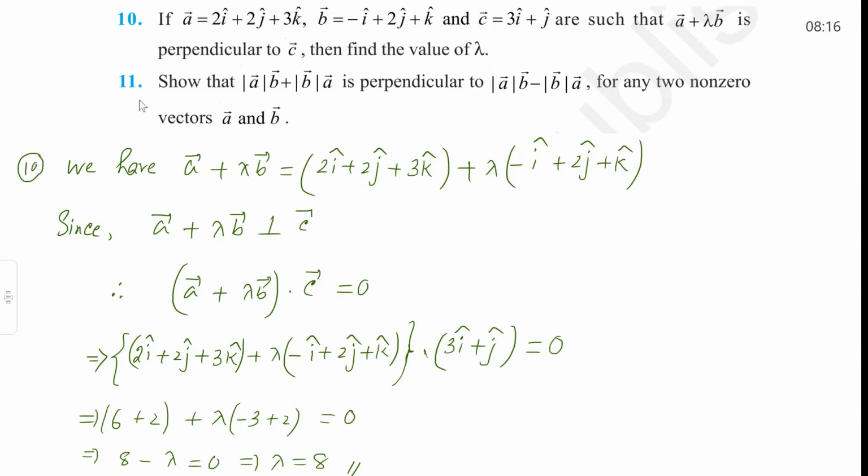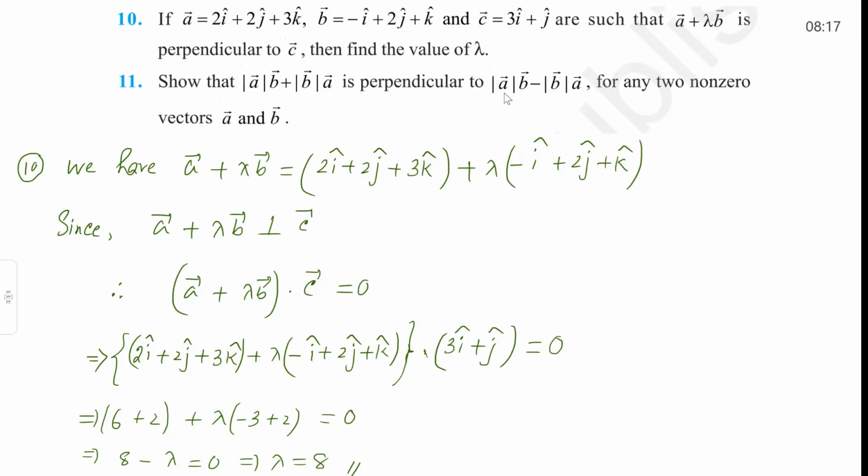And for question number 11, show that this is perpendicular to this for any two non-zero vectors a bar and b bar. To show that this vector and this vector are perpendicular, you just take this term dot this term and prove it is equal to 0. Just expand the dot product, but before that you should consider that mod A is actually A only, and mod B bar is only B, not a vector, it is a scalar number.